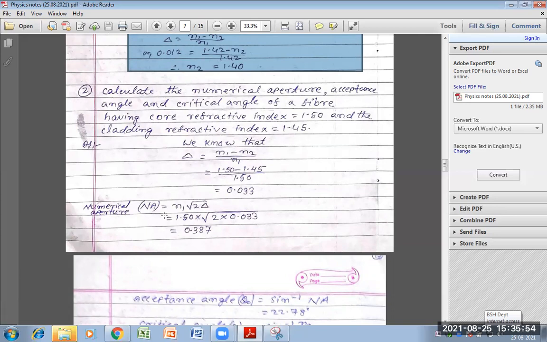Here in this question, numerical aperture, acceptance angle, and critical angle are all to be determined, but the values of refractive index of the core as well as the cladding are given here.